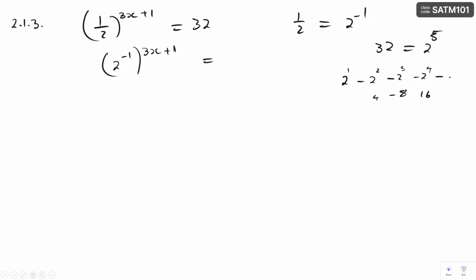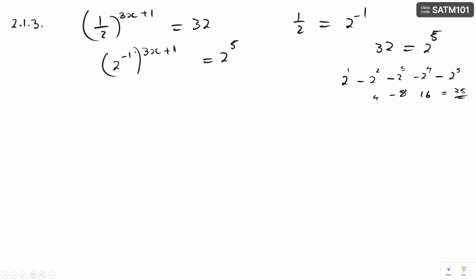Then check again, 2 to the power 5 is going to be 32. So that's how you check if you are not sure how to change this number. Just try to do this. The reason why we are saying 2 to the power is because we want to have the same base, which is 2. So here, you're going to say 2 to the power 5.